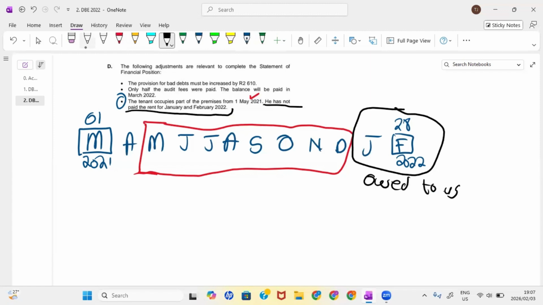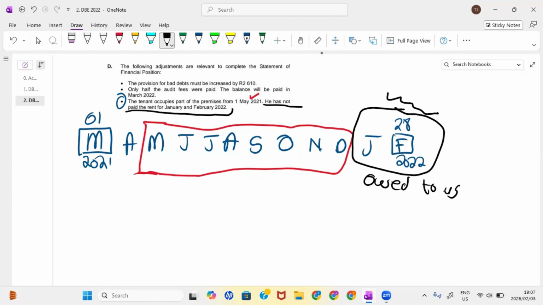Now we're not subtracting, we are adding to show that we are actually supposed to have received an amount that includes these extra 2 months because we have earned that income for these 2 months. I hope I'm making sense.